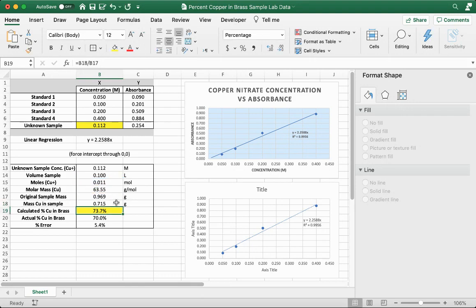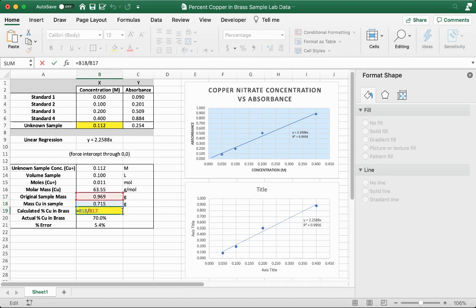So now that we have the mass of that, we can go ahead and calculate the percent mass of copper in the entire sample. So we're going to divide our copper mass by the total mass.